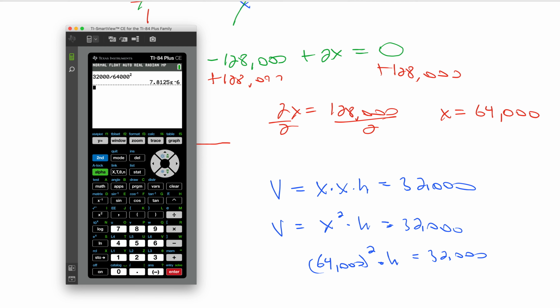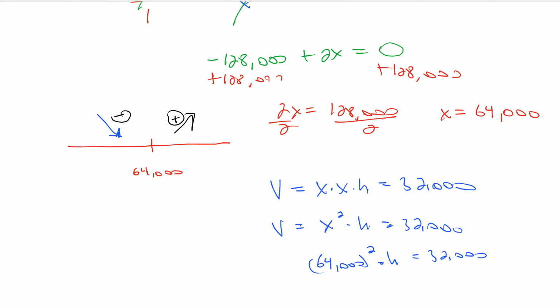Huh. Don't like that. So h is equal to 7.8125 times 10 to the negative 6. And this just seems completely wrong. Hold on.